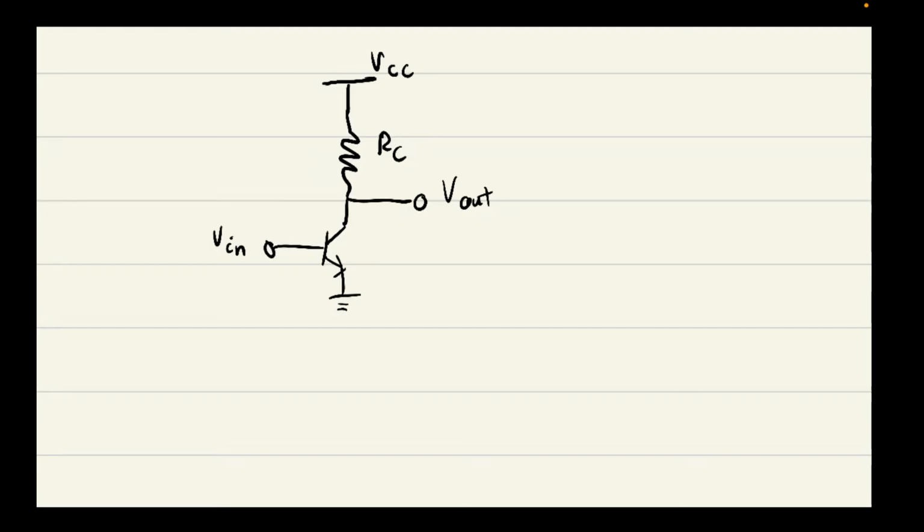Okay, this is pretty, well, funny it's in the name, but it's a pretty common topology. You'll see it come up pretty often. Gain equation is minus gm RC. Okay, it's a very, very common result. And I'm going to go through how we're going to derive this now.